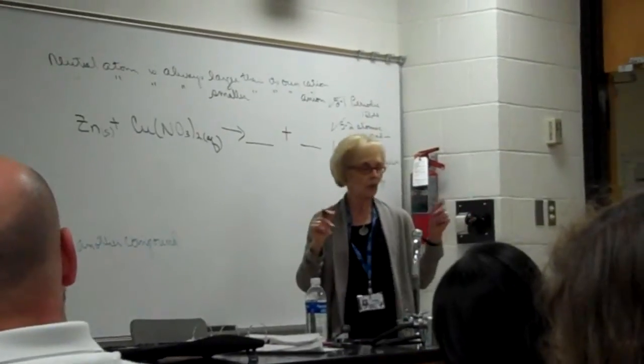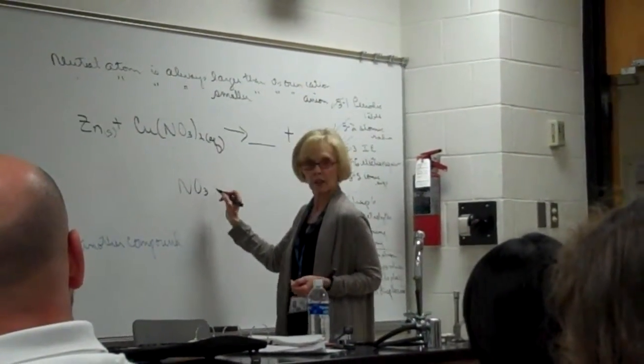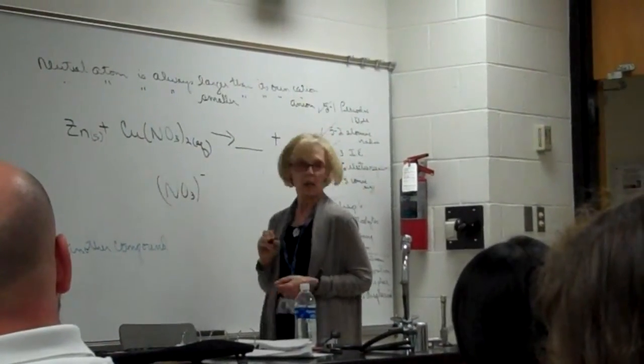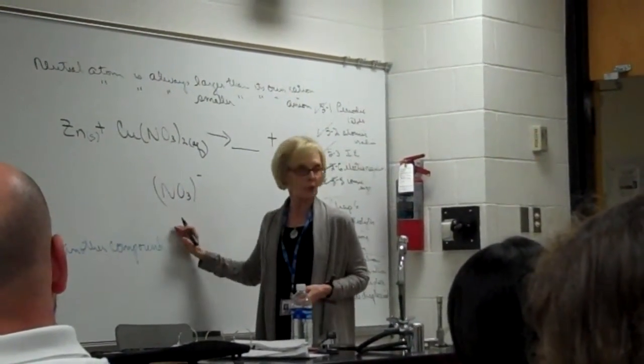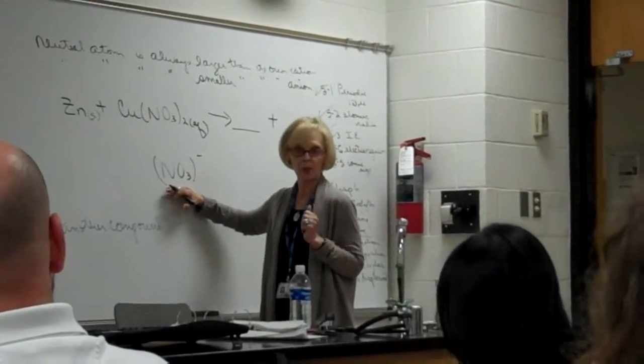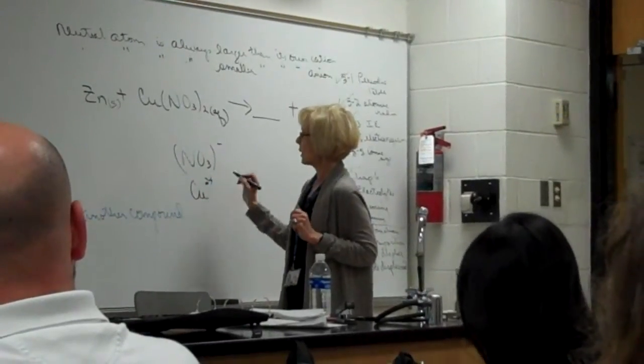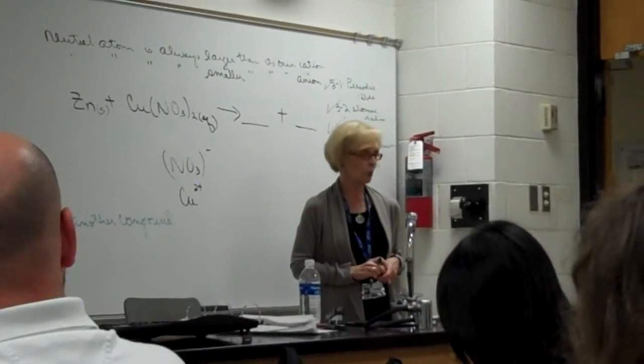Now, today, for the quiz, I would have as a helpful hint somewhere around that the nitrate, this as a unit, it's a polyatomic ion, acts as a unit. I would say it's a -1. And then down here is a helpful hint. I would say the copper is a +2.